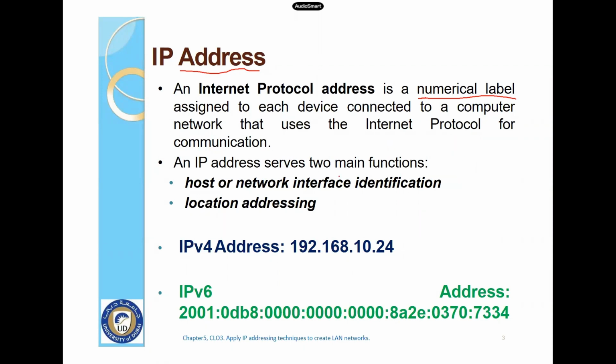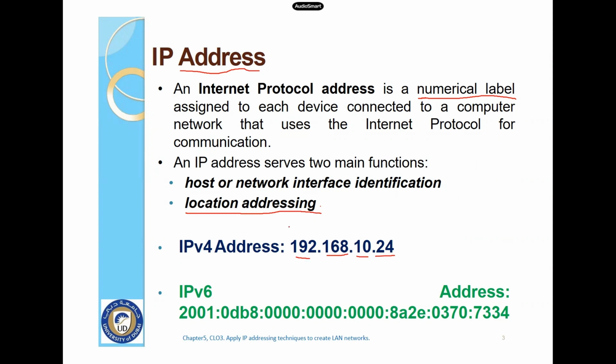An IP address serves two main functions. It gives an identification of the interface, whether it was a host or a network, and a location, which device I'm targeting. A typical example of an IP address, which we've done in the lab, is 192.168.10.24.